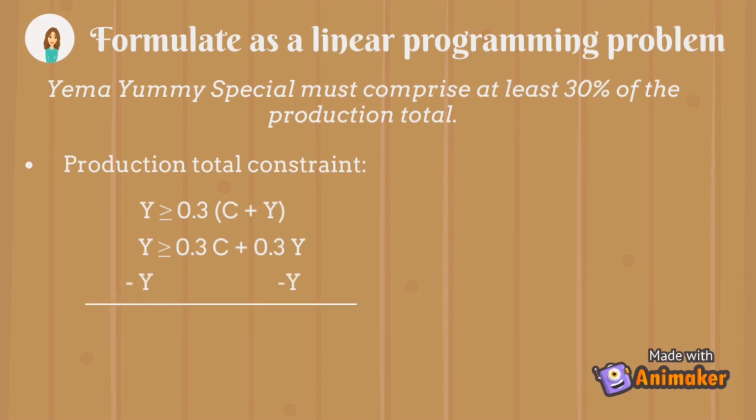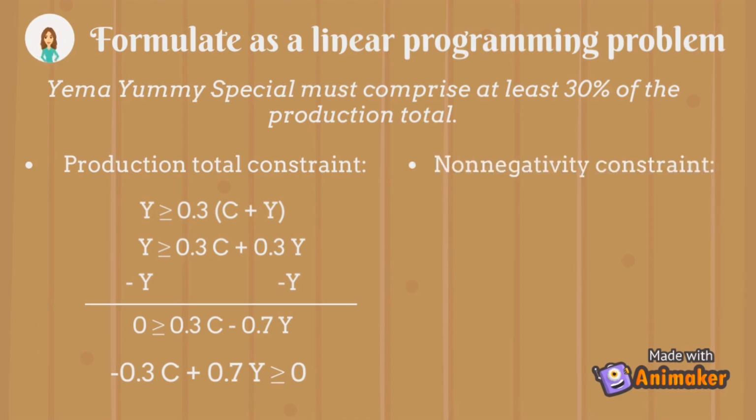This will result in 0 is greater than or equal to 0.3c minus 0.7y. Since we need to use addition in our constraint, we will negate the whole equation and it will result in negative 0.3c plus 0.7y is greater than or equal to 0. This will be our third constraint.